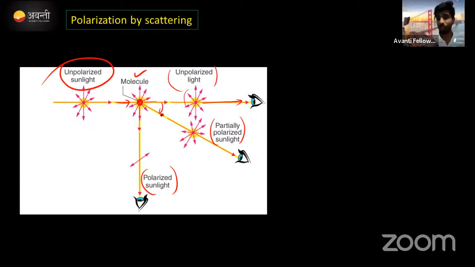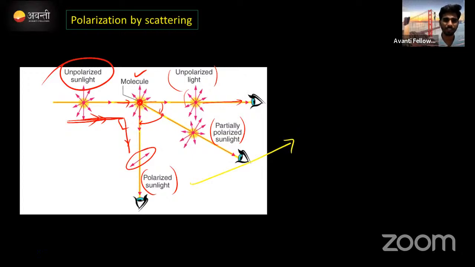Further, if you come up to 90 degrees, the light direction was earlier here. If you watch the unpolarized light in the perpendicular axis, at this point only plane polarized light is coming. Only in this way can we visualize it. At that condition you can feel that the intensity is slightly decreased. This is the polarization which happens by scattering of light.